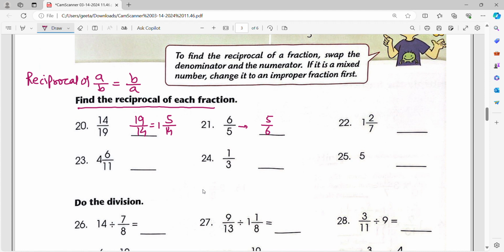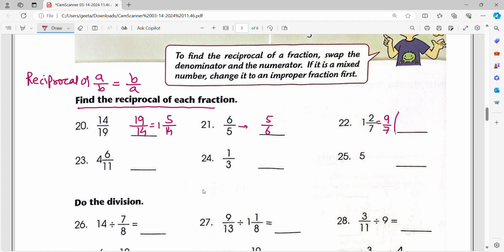Okay, now before finding the reciprocal of 1 whole 2 over 7, I'll convert this into an improper fraction. Can you tell me what it would be? 9 over 7. Very good.